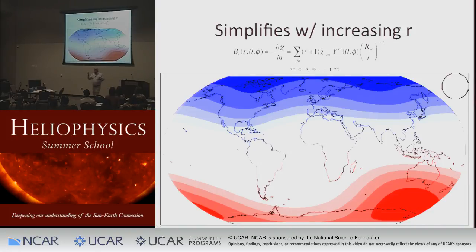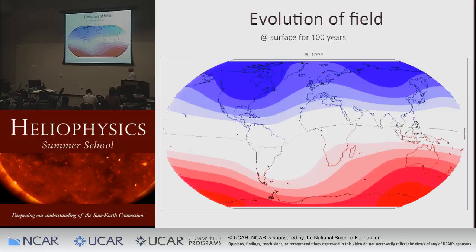So by the time you get to the surface, or this is actually slightly above the surface, it looks like all the magnetic field is pointing into the northern hemisphere and out of the southern hemisphere, as if it were a big dipole, right? But that's just the artifact of being so far away from where the magnetic field is actually generated.